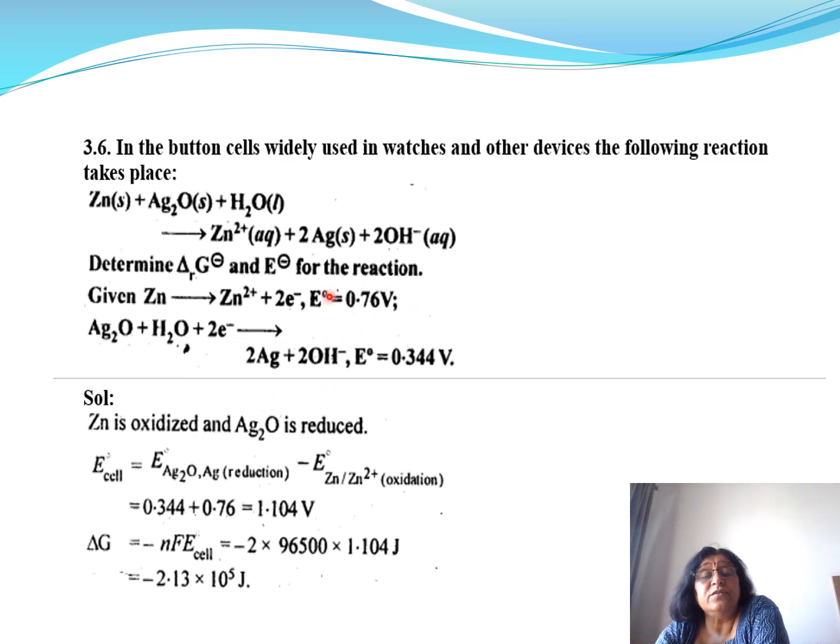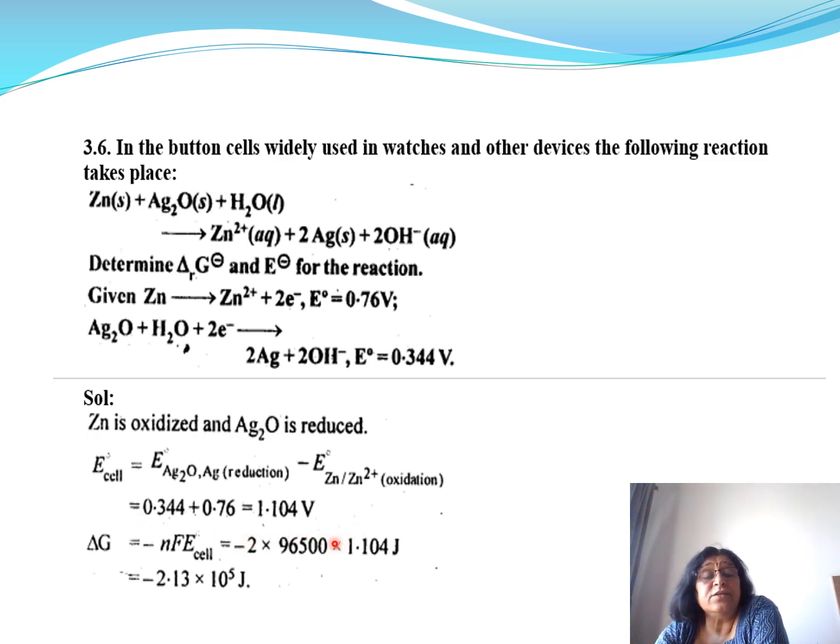So here the oxidation potential is given while here the reduction potential is given. So we should first convert this oxidation potential to reduction potential by inverting the sign of 0.76. Or we can use another formula: E cell equals E naught reduction minus E naught oxidation, that is E naught cathode minus E naught anode. So this is 0.344 minus 0.76, which gives you 1.104.